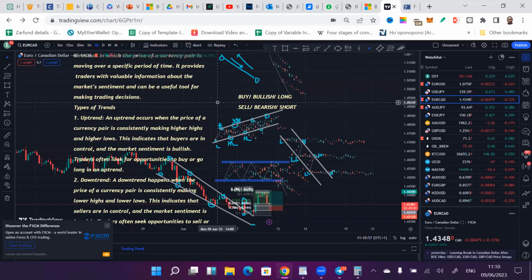But as a trader, what you are looking for mostly in an uptrend is opportunities to buy. So you take those little sell moves as what we call a retracement or pullback.